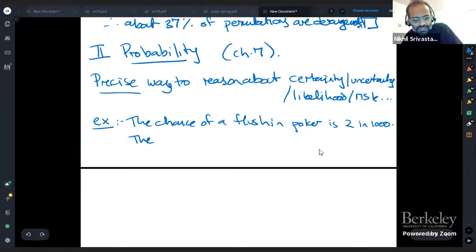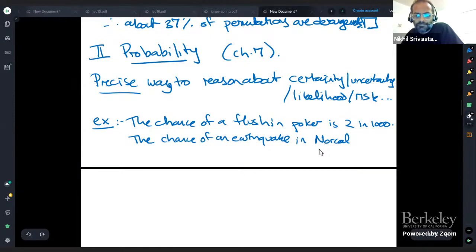So the chance of an earthquake in Northern California by 2030 is at least 30%.